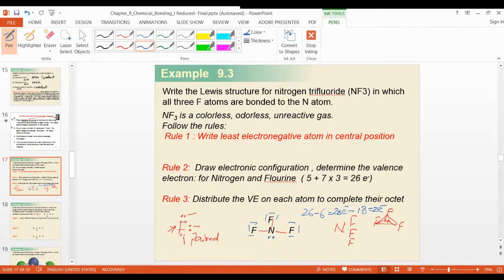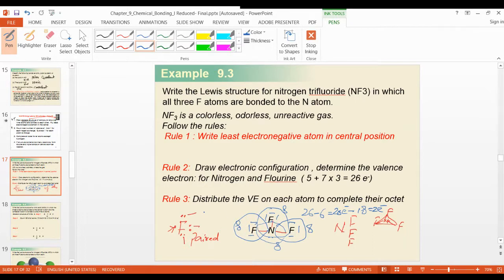Now you check whether the nitrogen octet is complete or not. So now 2 plus 2 plus 2, 6, and this is 2, so 8. Now the octet is complete for nitrogen, this octet for fluorine, this octet for fluorine, and this octet for this fluorine.